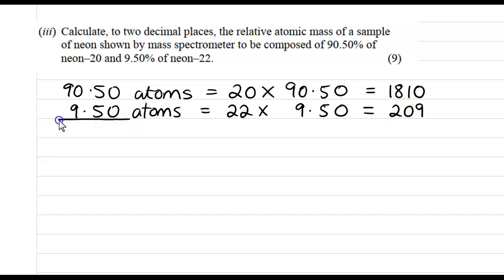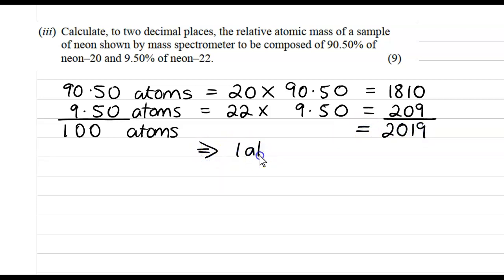If I total the two of those, I'll get 100 atoms, and this will give me 1810 plus 209, which is 2019. So that implies that one atom will have a relative atomic mass of 20.19 atomic mass units. Or sorry, no units at all, because you're just relating it back to the mass of carbon.